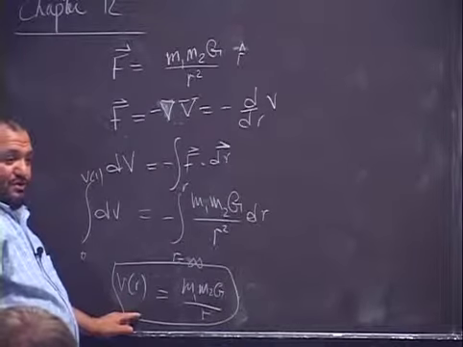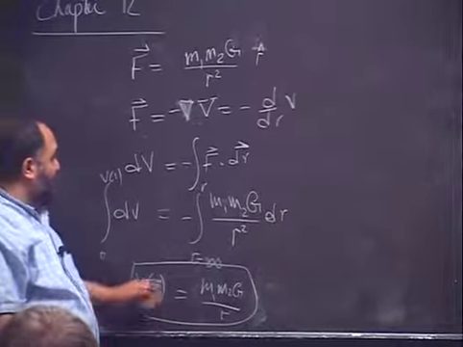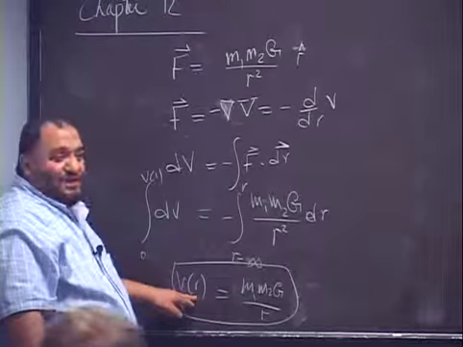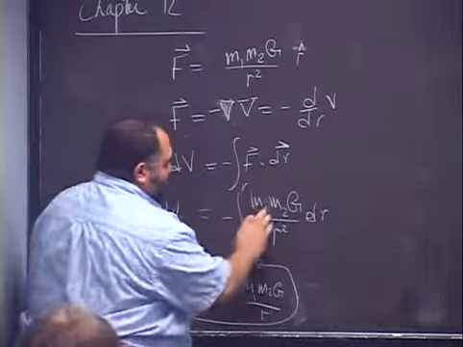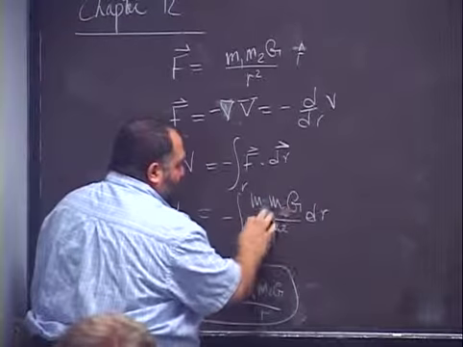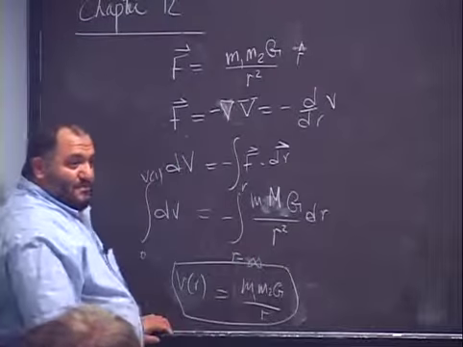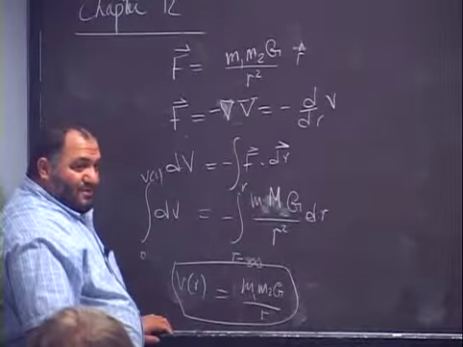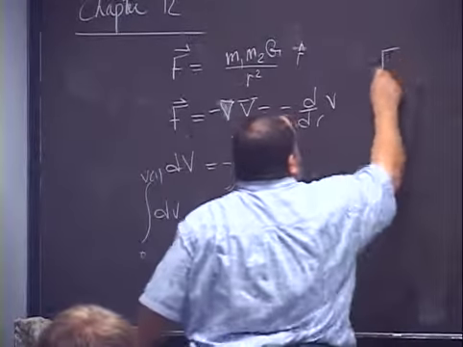Potential of the Earth. Yes? This is the gravitational potential of the Earth. Of course, if you want to get the gravity, let's assume that m is the mass of the Earth. So instead of m1 and m2, m will be the mass of the what? Mass of the Earth. So what's the force?